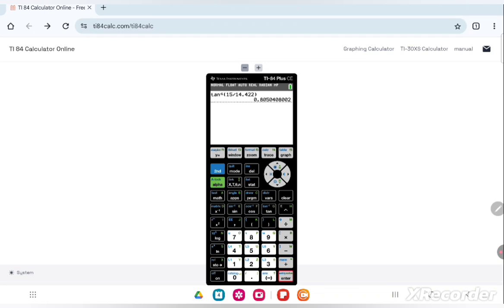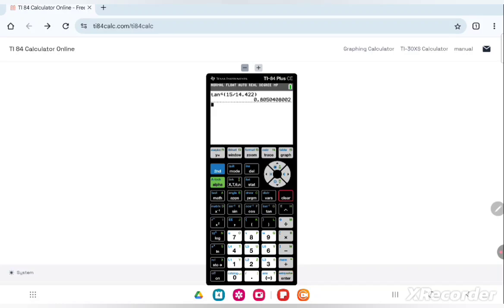Okay, so let's go to mode. Let's change it. This is also one step. You have to check your calculator that it's in degrees, not radian. Okay, so now let's go back to see our question.